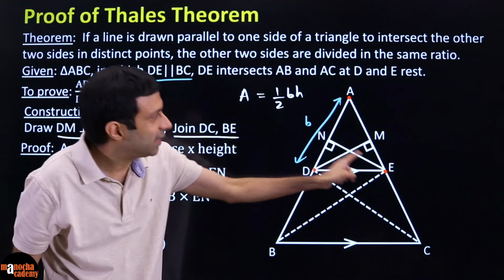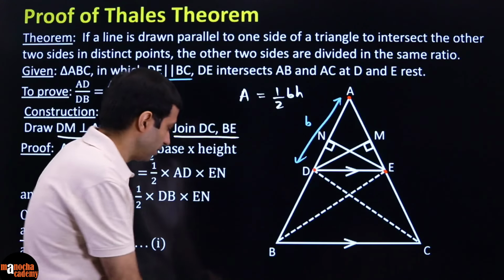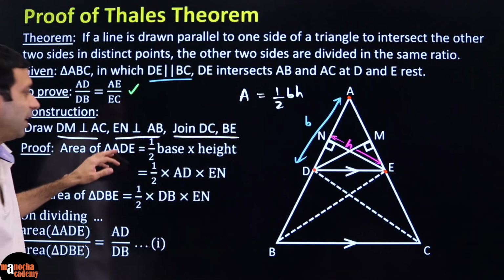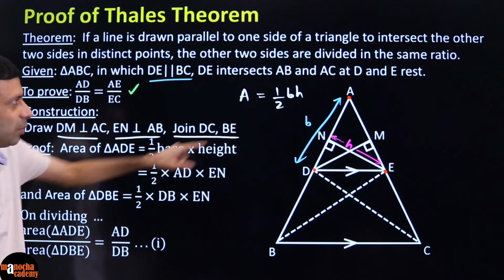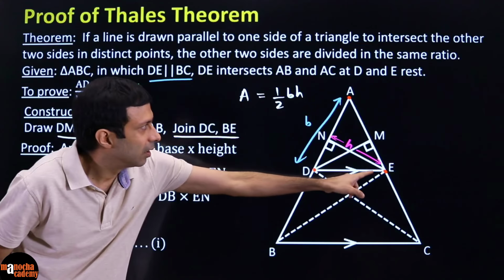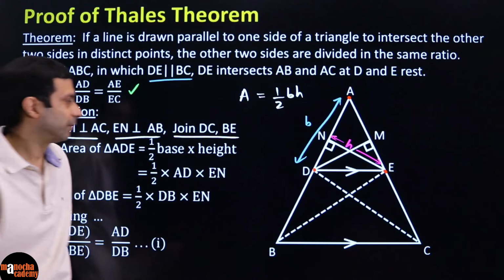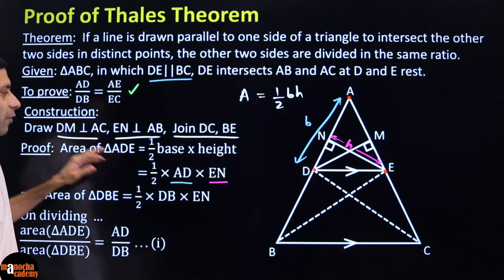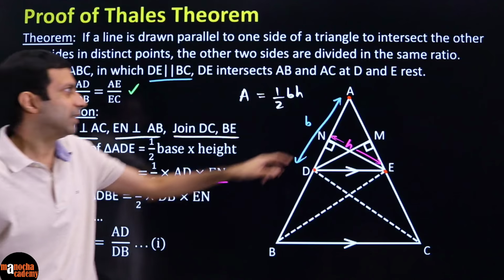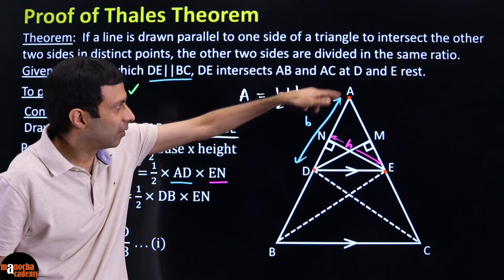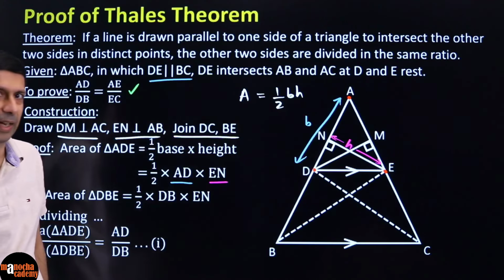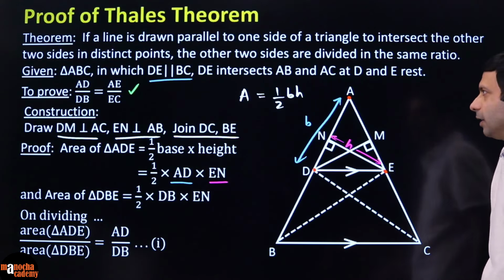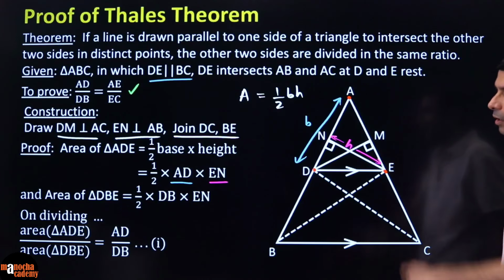Clearly the perpendicular height is EN. Do you guys agree? This is going to be my H. So I can say the area of triangle ADE is half times AD times the perpendicular height EN. Please see if this is clear to you. Area of triangle ADE is half times base multiplied by the height. Everybody is clear? Half base into height is the area of the top triangle.